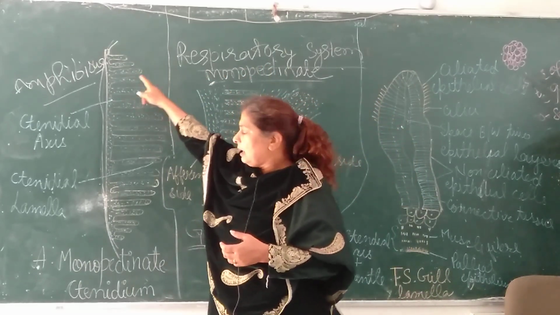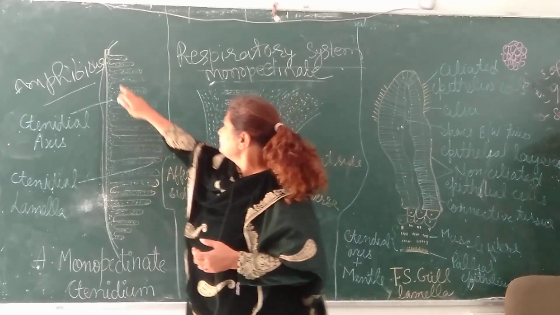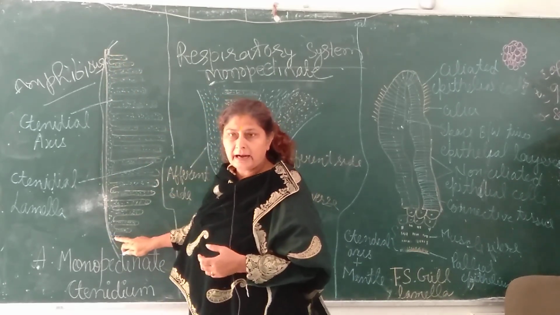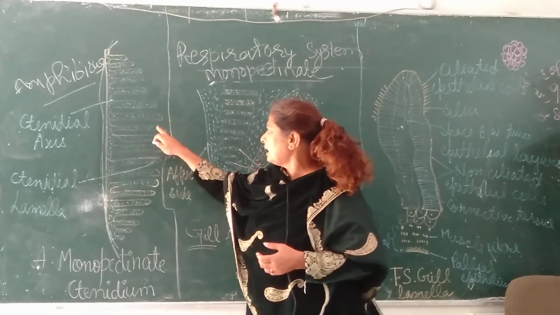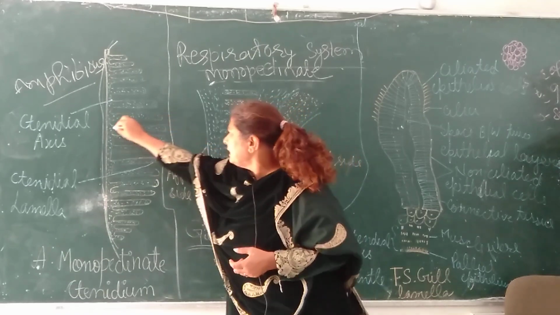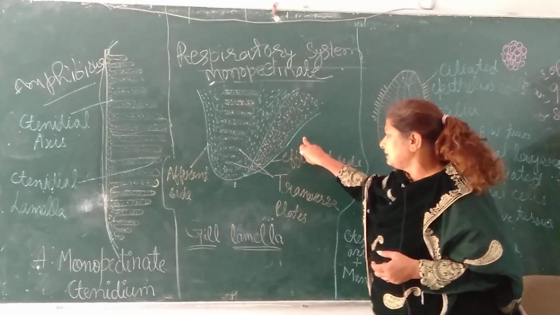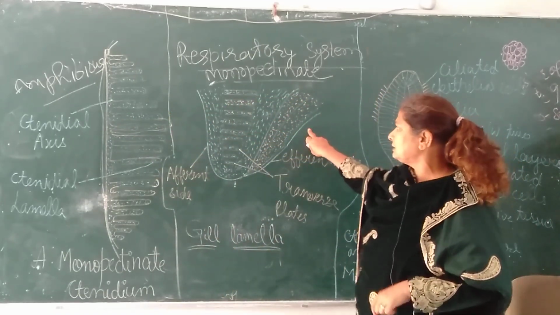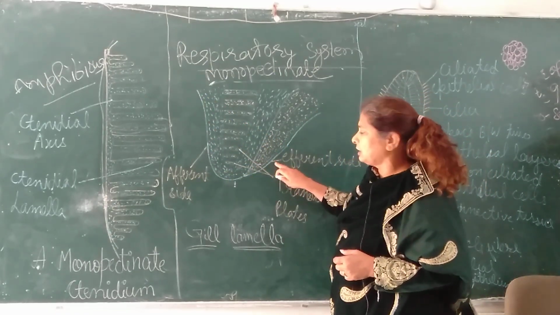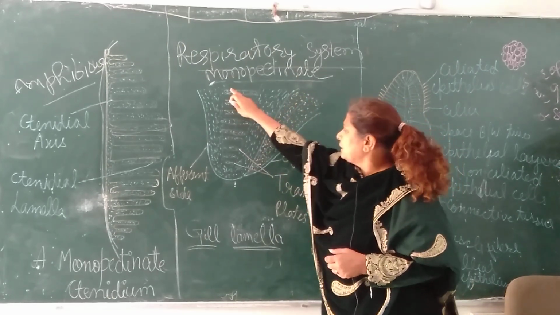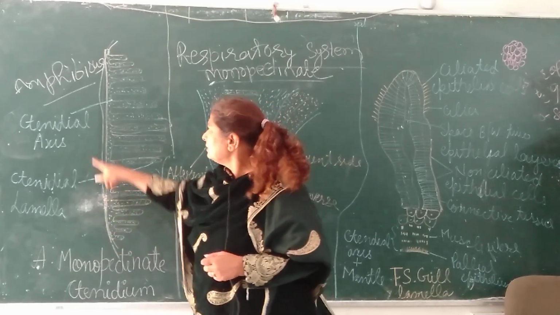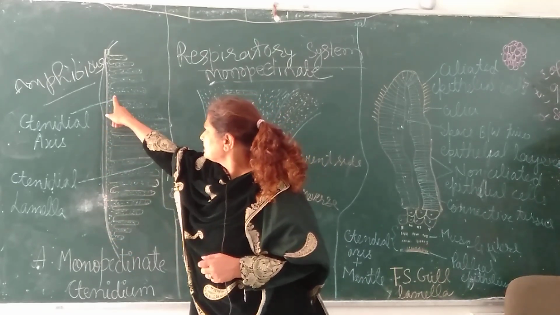Now each lamella, as we can see from the diagram, is shorter at the extreme ends and longest in the central portion. The structure of each lamella is a triangular structure. This broad portion is the attached portion with the long axis, the ctenidial axis.